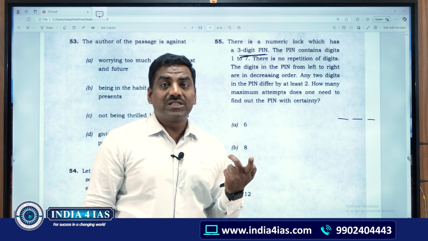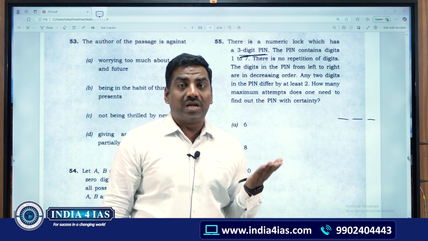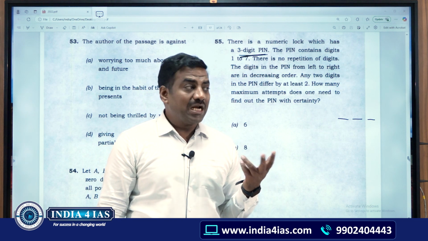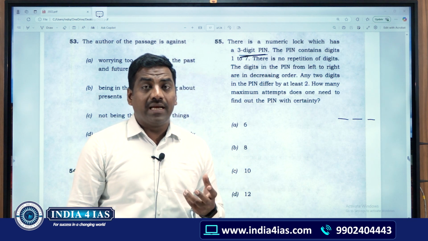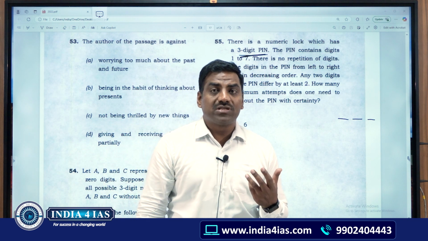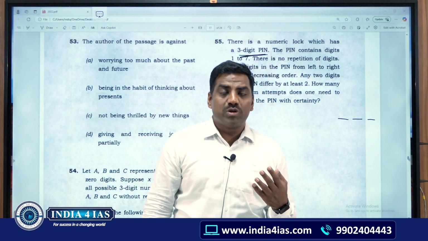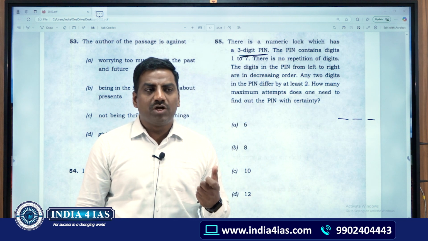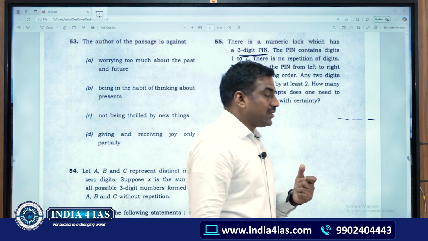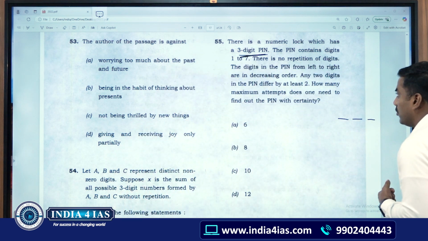That means the first place can be occupied by 0 to 9, 10 values. Second place 0 to 9, third place 0 to 9. So 10 into 10 into 10, 1000 values we can have for a 3-digit pin if we are using 0 to 9, that is 000 to 999.